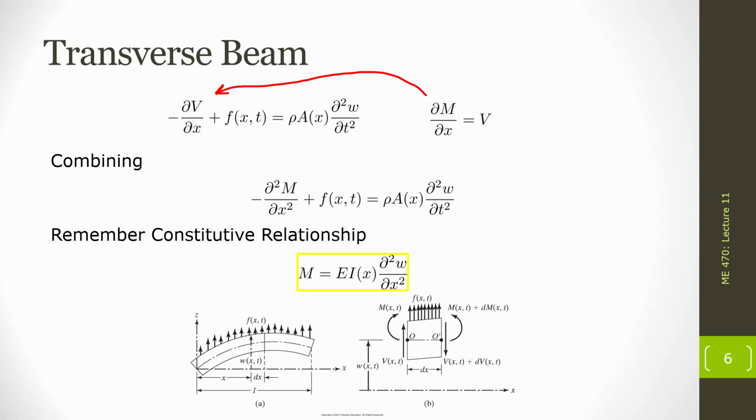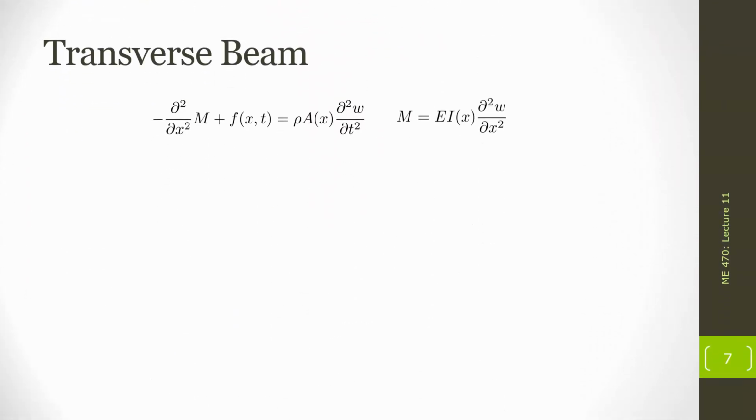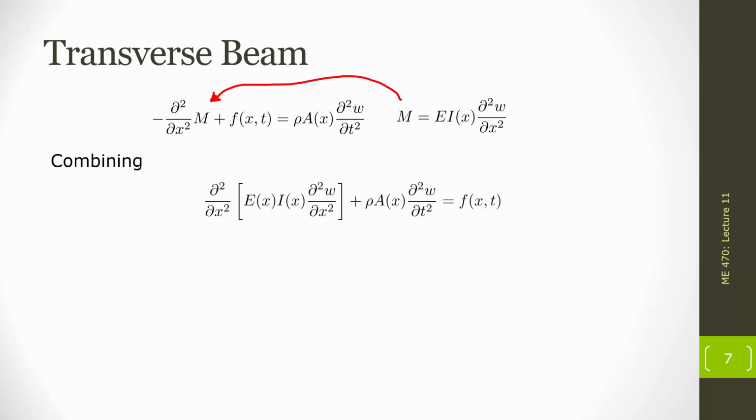I can take this combined equation along with the constitutive relationship, and now this is another combination where I can put in, for M, this expression, and do another substitution and get the bending moment out. Combining those, I get the second spatial derivative of EI del squared w del x squared, and then I still have left over the rest of this.